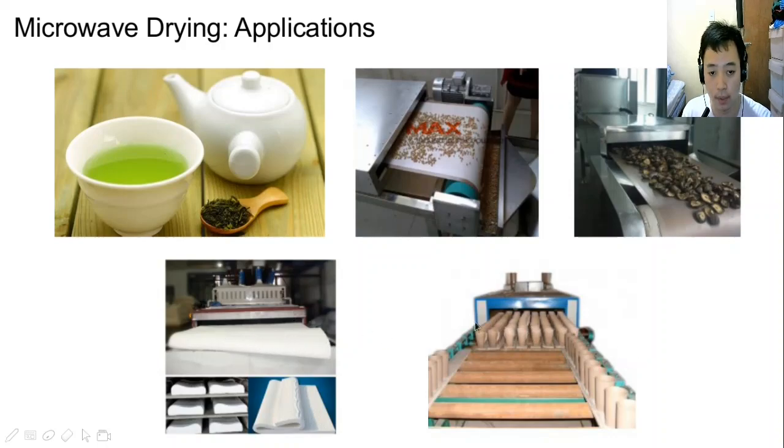It's rubber, ceramic pots, mushrooms. These are mushrooms. Beans. So as you can see, small size, medium size, and big sized products can be dried by microwave dryers, and green tea as well.